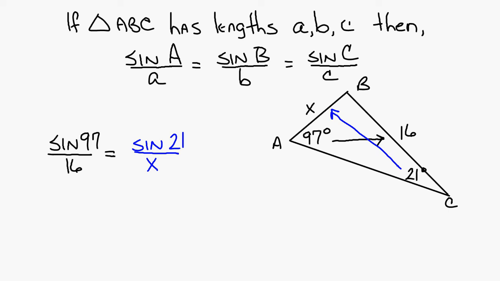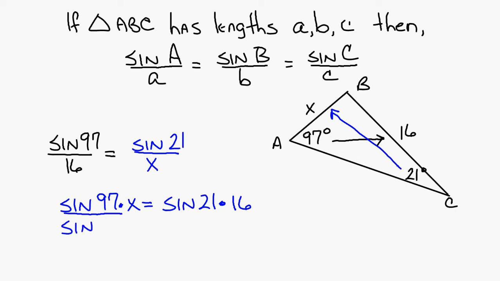So sine 97 times X equals sine 21 times 16. Now, you don't have to do any math yet. Your next step is to get X by itself, so you divide both sides by sine 97.